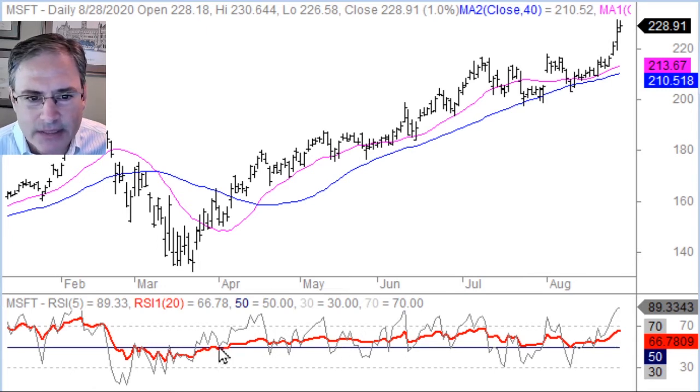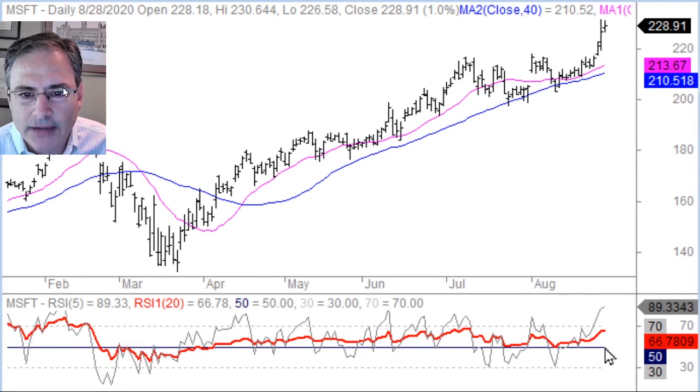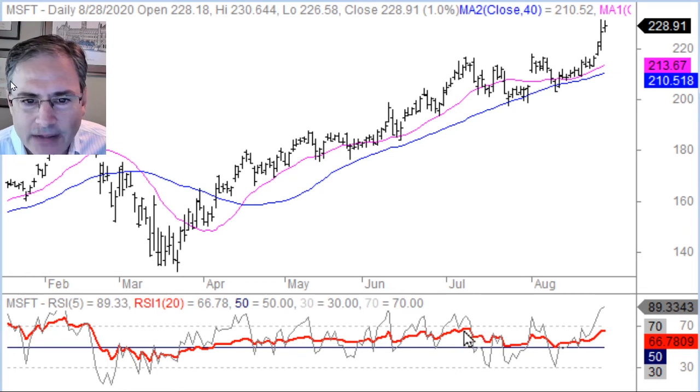There have been several times where you've gotten pullbacks along the way, and you really haven't exceeded the 70 level yet. So until that 70 level is exceeded, let me make sure this is brought up to date. Yeah, so this is brought up to date. We don't have a 70 reading yet in the RSI 20. Once that starts to happen, then you want to start to get a little bit more defensive.